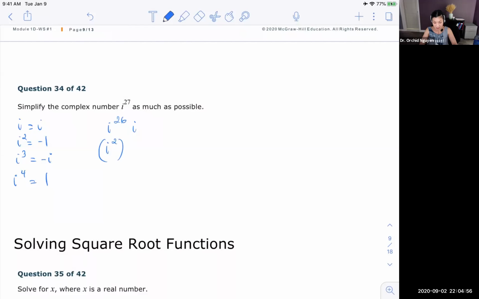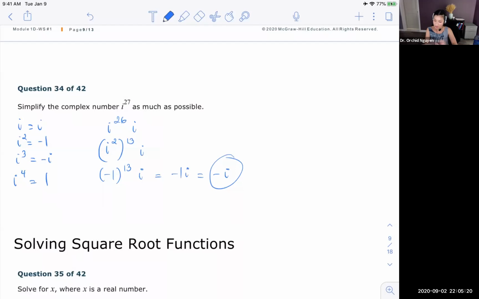So it's going to be i squared to the 13th. That's i to the 26th. The reason I want to use i squared is because I know i squared is negative 1. And if you have negative 1 to the 13th, an odd number, you end up with negative 1. So that's just negative 1 times i, which is just negative i. So that's how I do it.